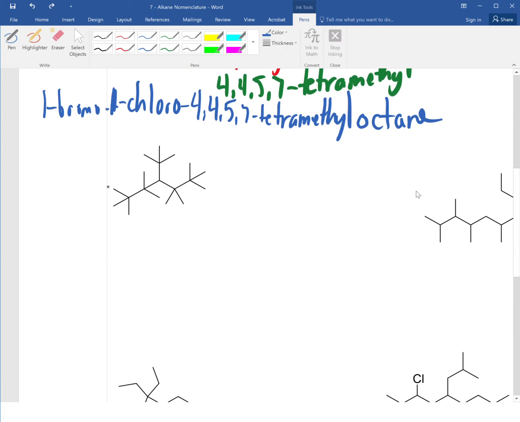All right, let's go on to our second one. Now, this one may look pretty awful at first, but it's not as bad as it looks. So our longest chain can be found here.